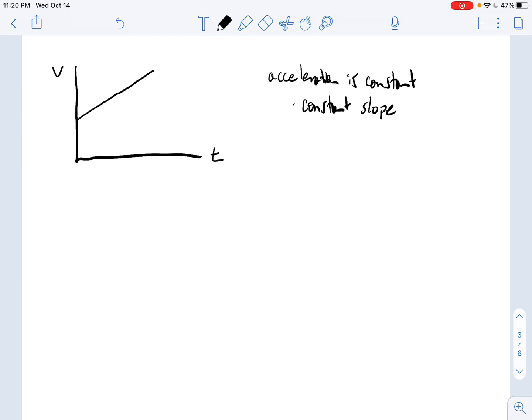So in looking at this velocity versus time graph, we see that the slope tells us our acceleration, whereas our area underneath our curve is going to tell us our change in x. So our change in x is equal to area under our curve.